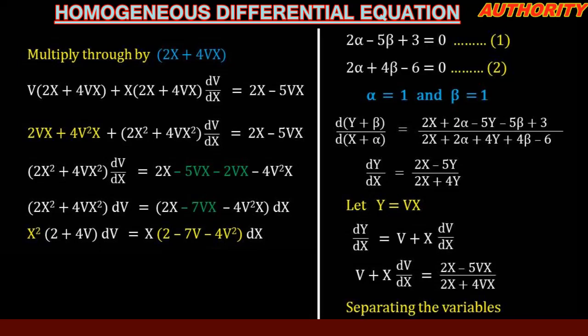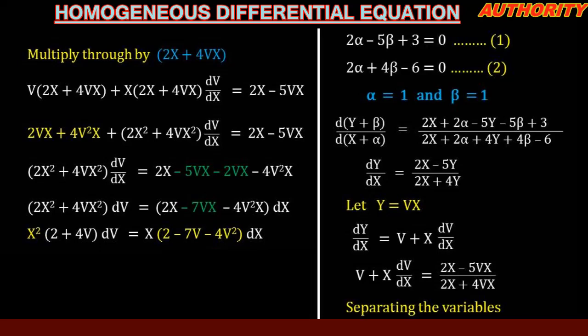So here we have x squared in bracket 2 plus 4v close the bracket dv equal to x open bracket 2 minus 7v minus 4v squared in bracket dx.